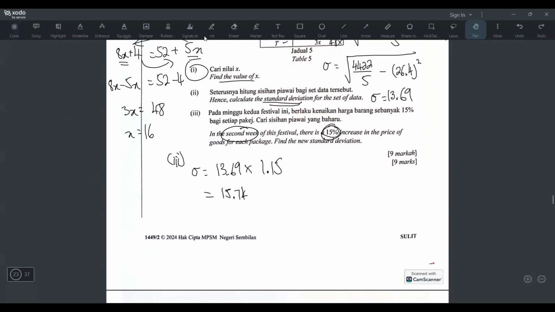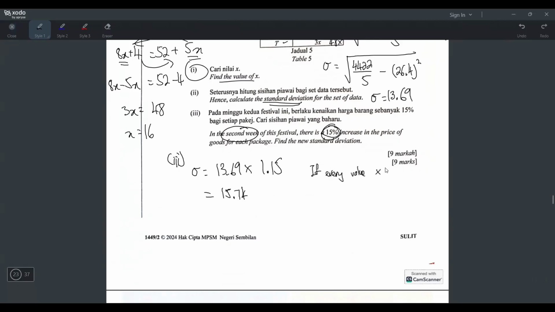So I will write down here, if every value is multiplied with k, k can be any value, the new range will be the old range times or divide with k. And then for the new interquartile range, same also.